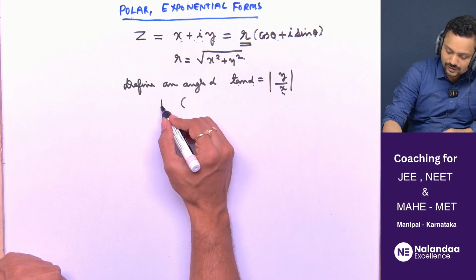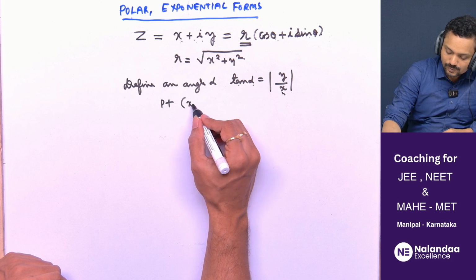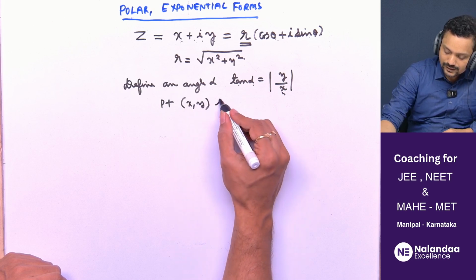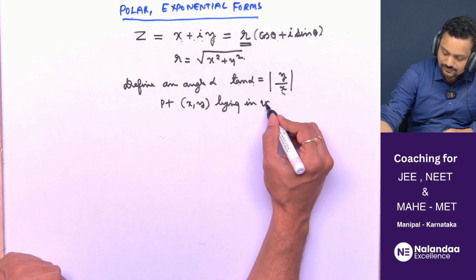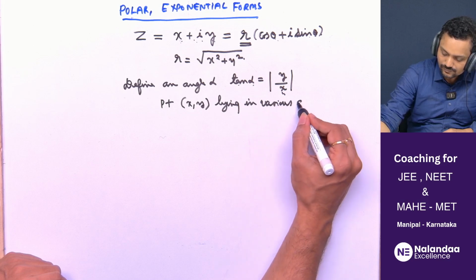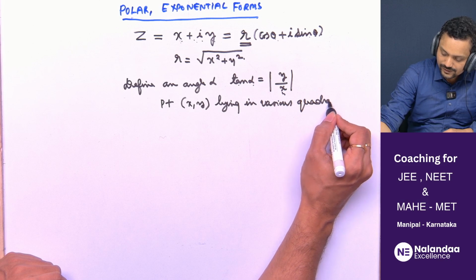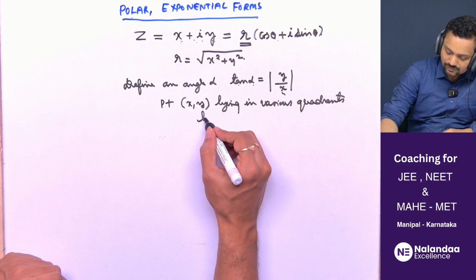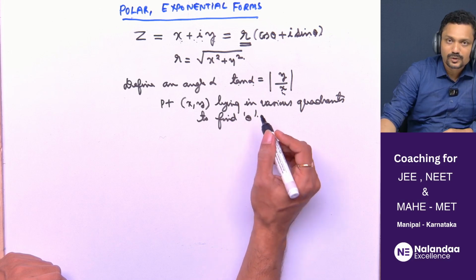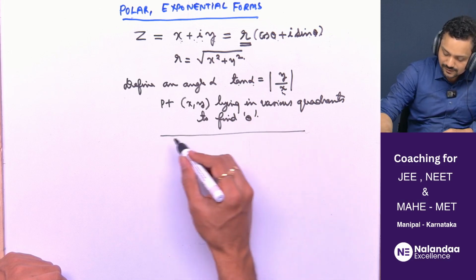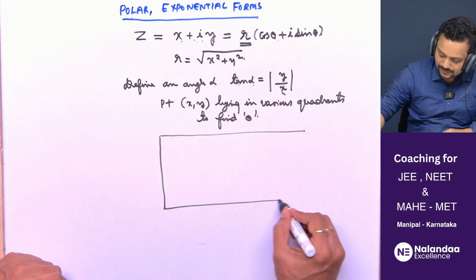Now the point x comma y lying in various quadrants, to find theta, you have to just learn by heart a very small table, and the table is like this.